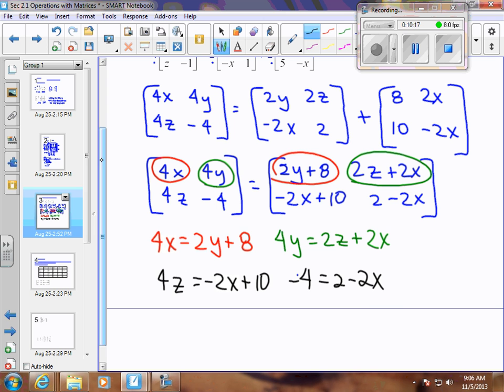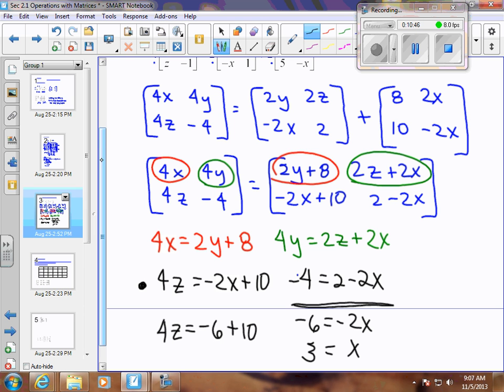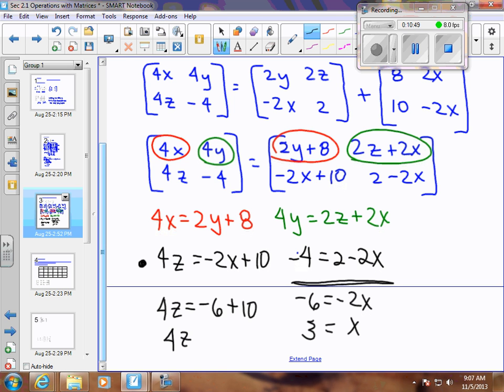I see in this equation, I can immediately solve for x by subtracting 2 and dividing by -2. Once I have x, then I can go to this equation and find z, plugging in 3 for x. So I have 4z equals -2 times 3 plus 10, or 4z equals 4, so z is 1.